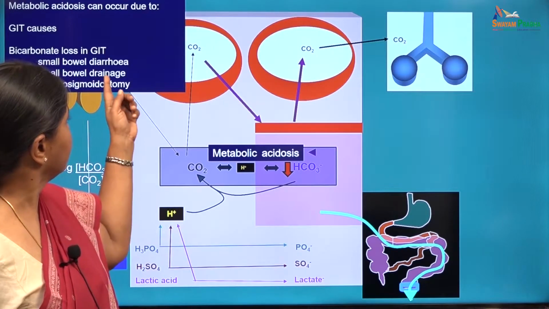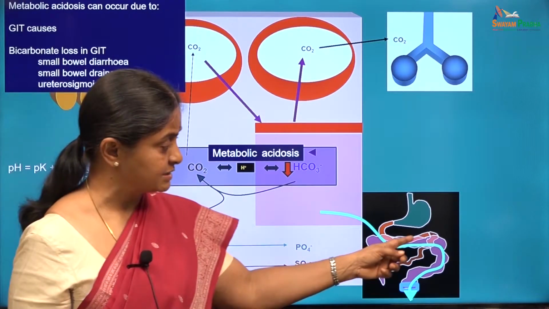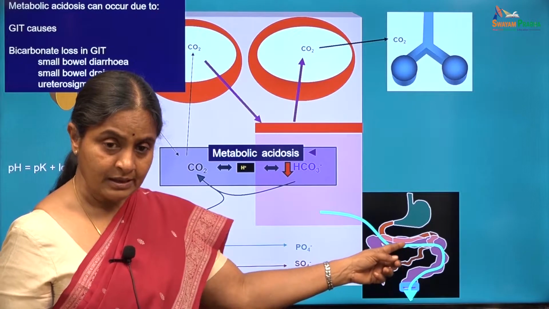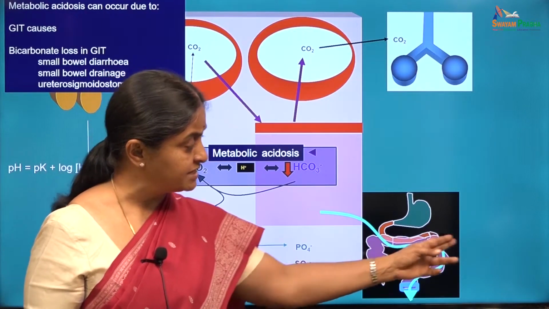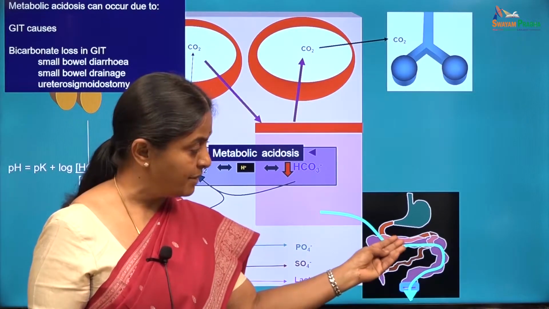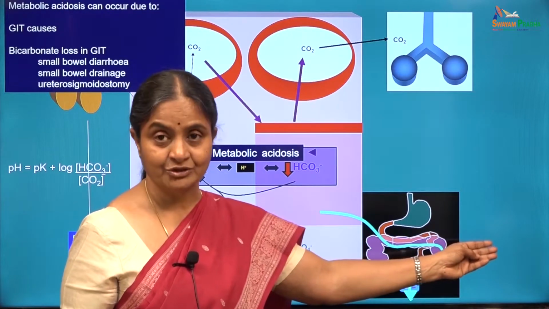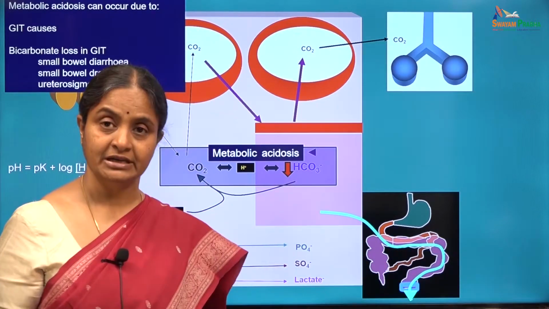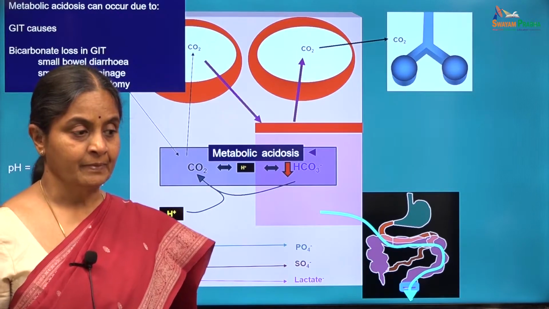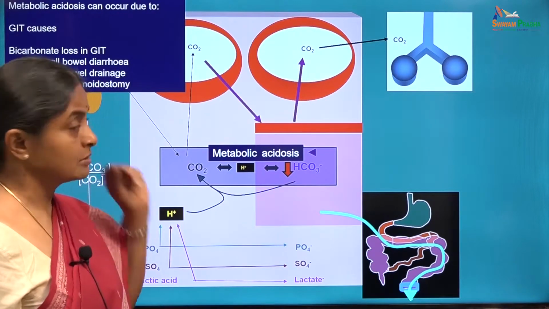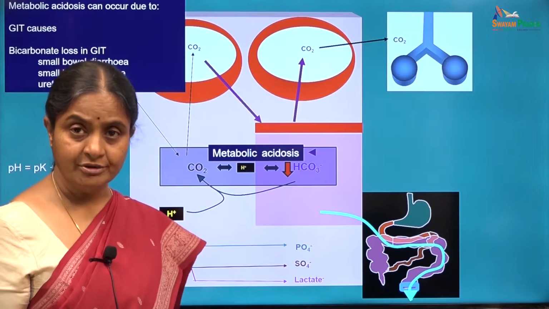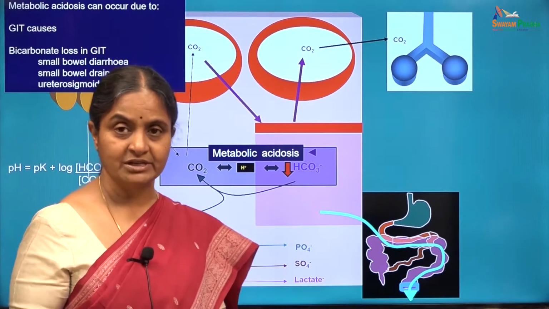Similarly, in post-surgical states, suppose there has been intestinal surgery and a drain is placed in the small intestine, bicarbonate rich fluid may come out of the drain, leading to a reduction in plasma bicarbonate. In yet another condition, a surgical condition called ureterosigmoidostomy. What does this mean?